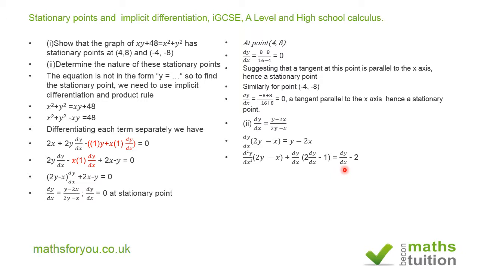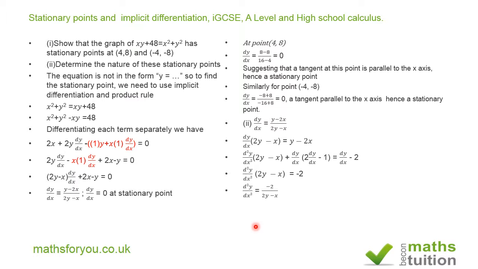So this dy/dx is 0, and this dy/dx is 0, which means this term is 0. So we end up with d2y/dx squared times 2y minus x is equal to minus 2. Now if we divide by 2y minus x on both sides, we end up with d2y/dx squared equal to minus 2 divided by 2y minus x.